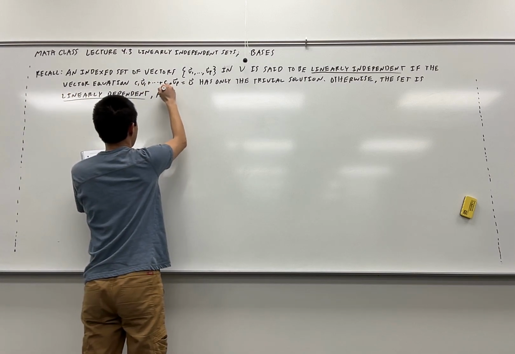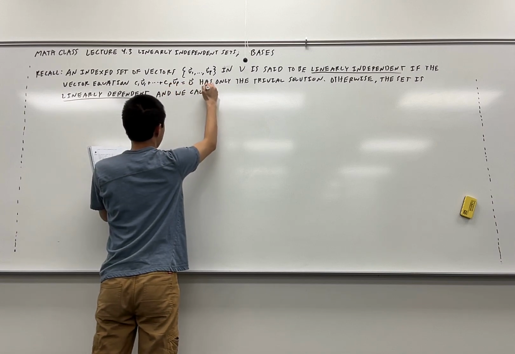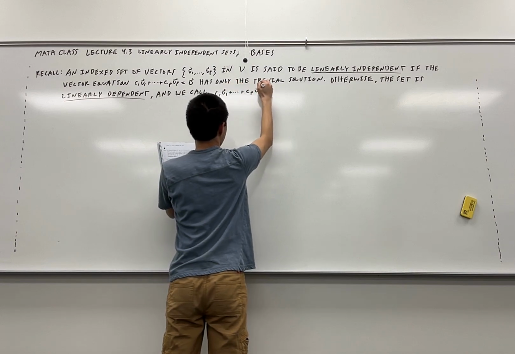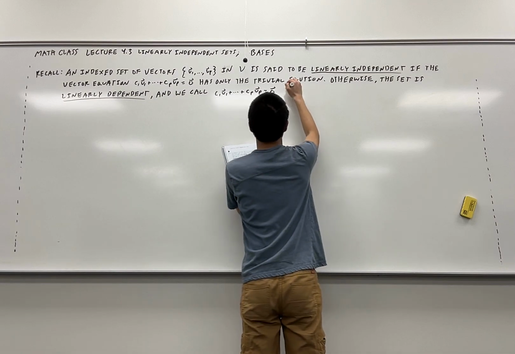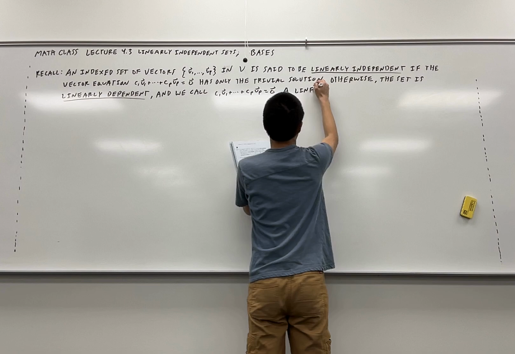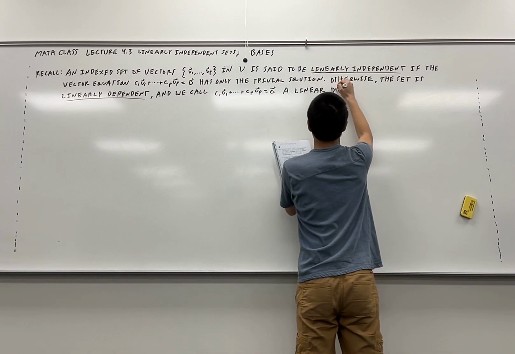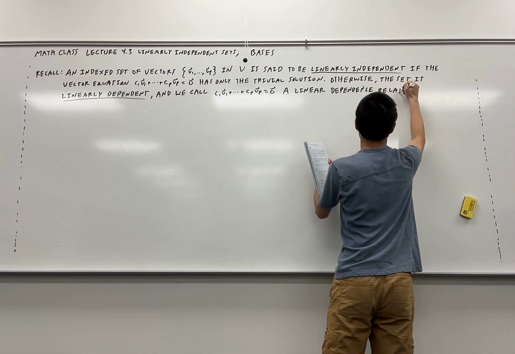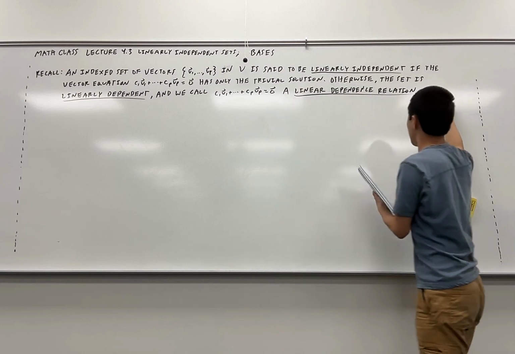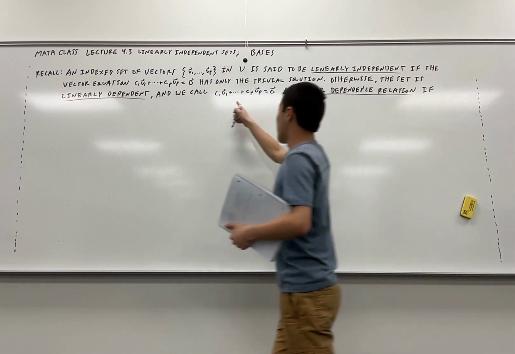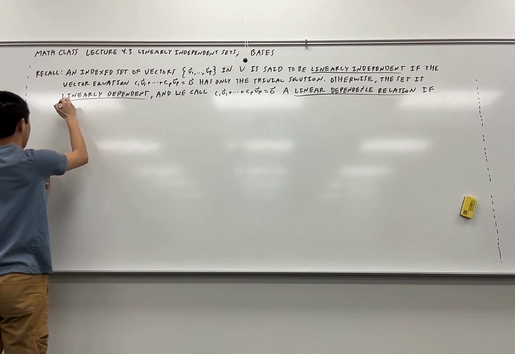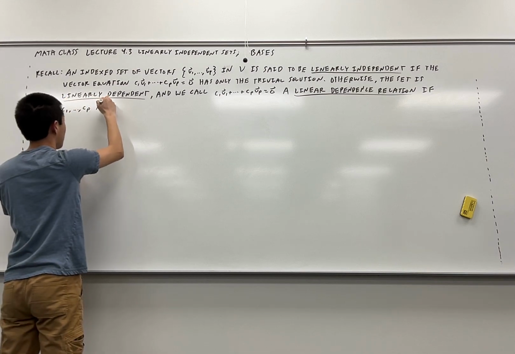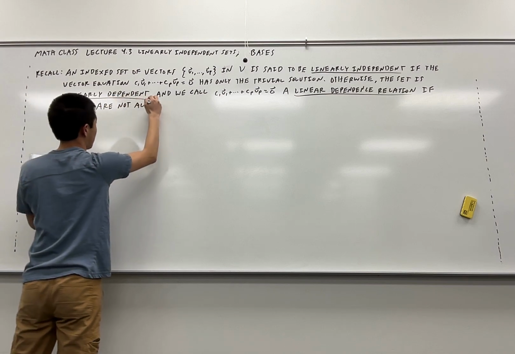If we can get some c1 v1 plus through cp vp to be equal to the zero vector with non-zero weights, so if c1 through cp are not all zero, we call this a linear dependence relation.